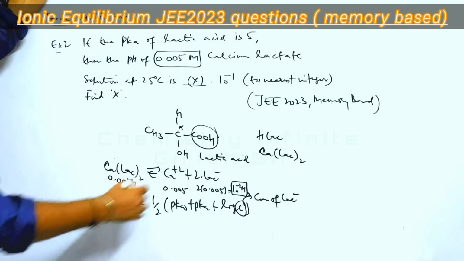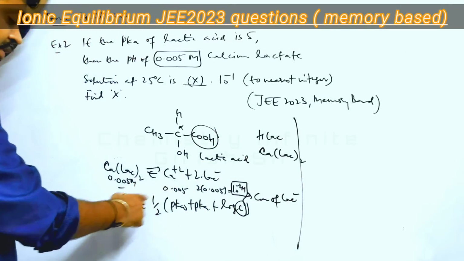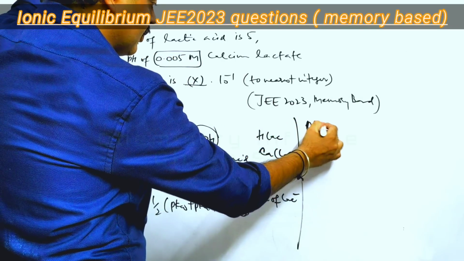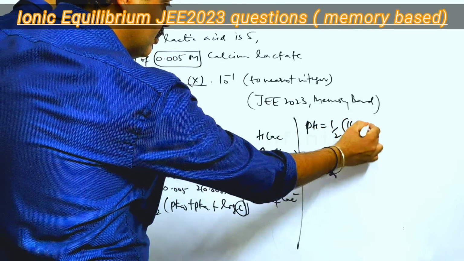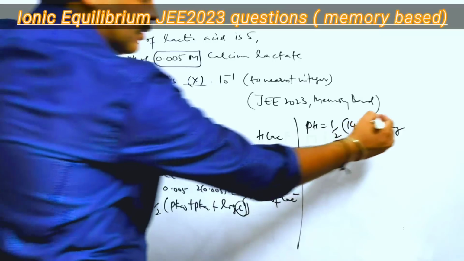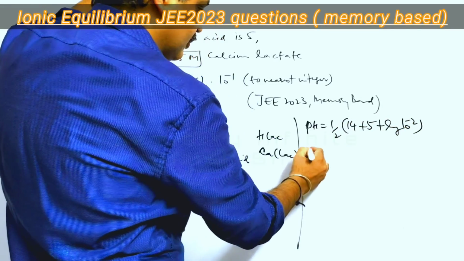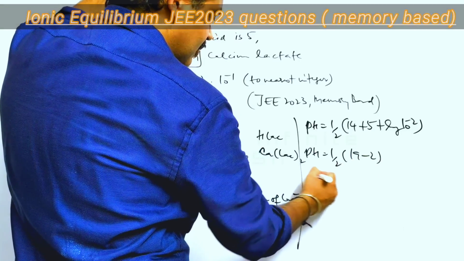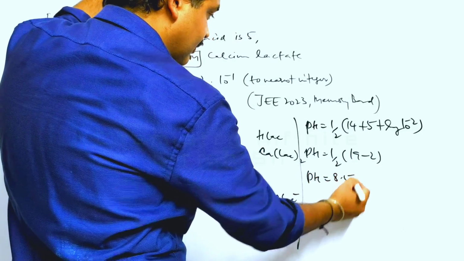So let's put in the values here. pH equals half, pKw value is 14, pKa is given as 5, plus log C, which means log of 10 raised to minus 2. So we get 19 minus 2, so pH is 8.5.